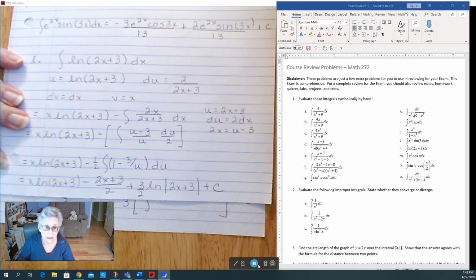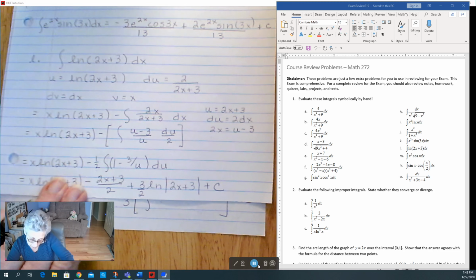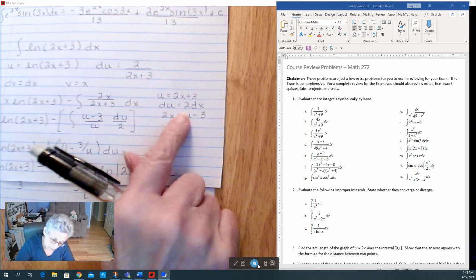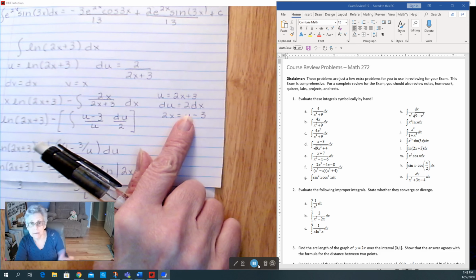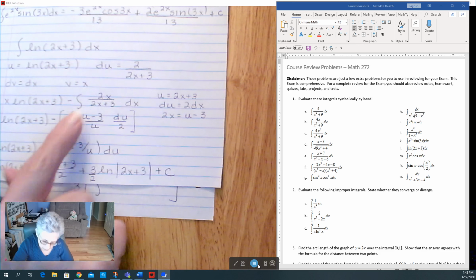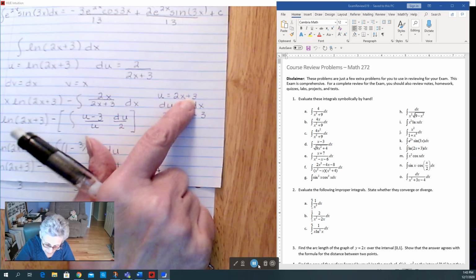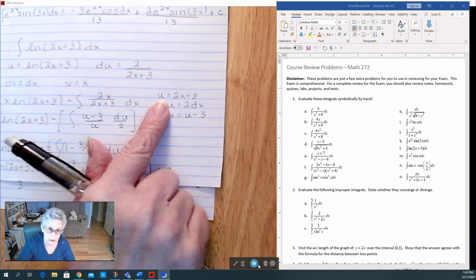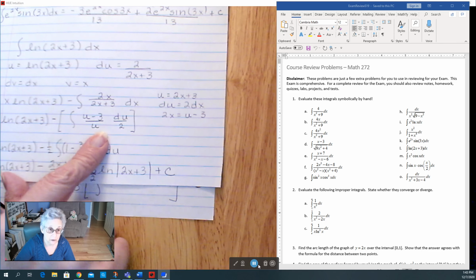You divide the bottom into the top, and you end up with a simple integral. Over here, I did it with a double substitution. I let u be equal to 2x plus 3, so then 2x was equal to u minus 3, subtracting 3 from each side. So I ended up with the integral of u minus 3 over u.